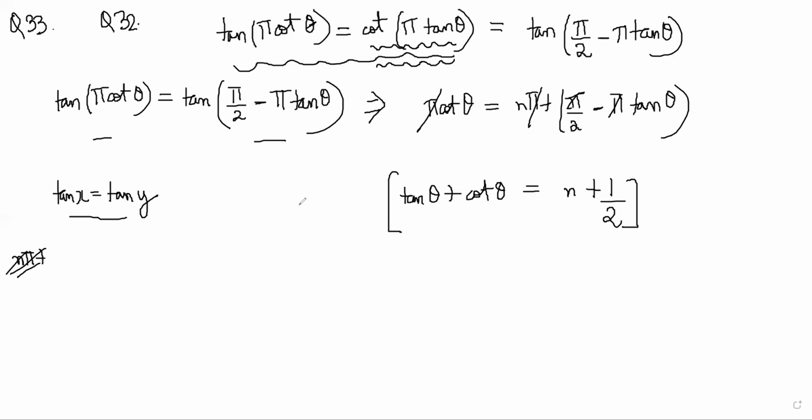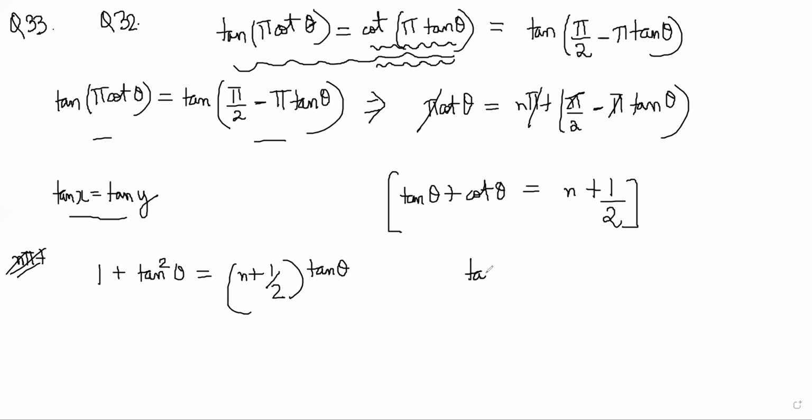So this equation you can solve because now you can take it as a quadratic in tan, right? 1 plus tan square theta is equal to (n plus half) tan theta, right?